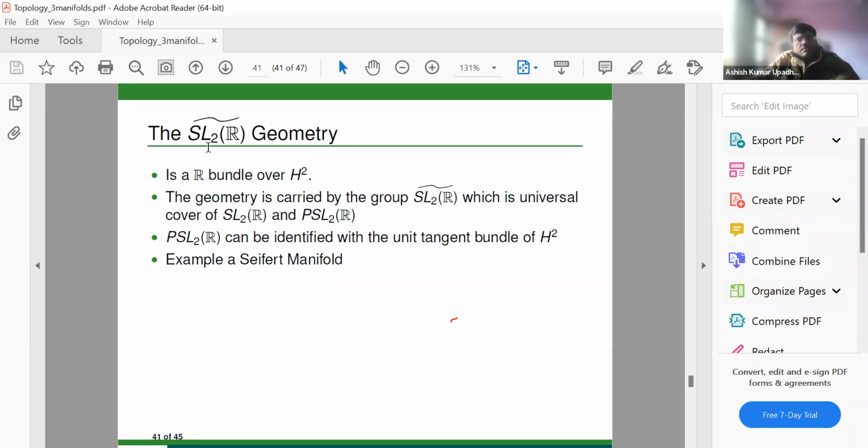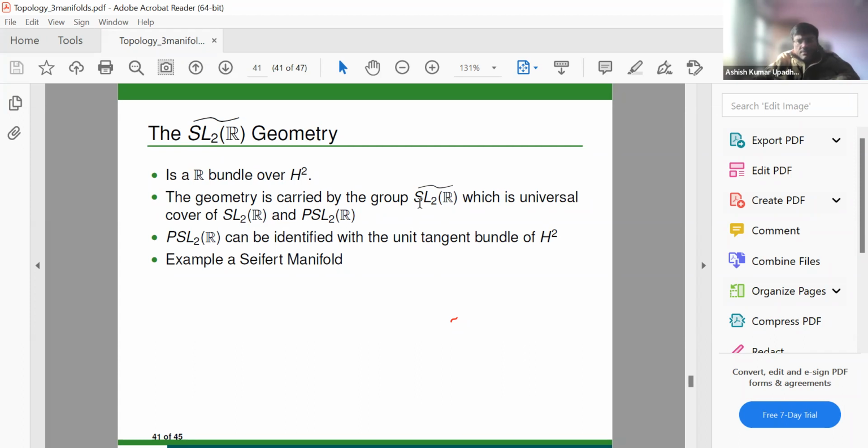Now, the next geometry is denoted by this symbol, SL2R tilde geometry, it is called. It is topologically an R bundle over H2, the upper half plane. As you can see, this is simply connected, and this geometry is carried by the group SL2R tilde, which is the universal cover of SL2R and PSL2R.